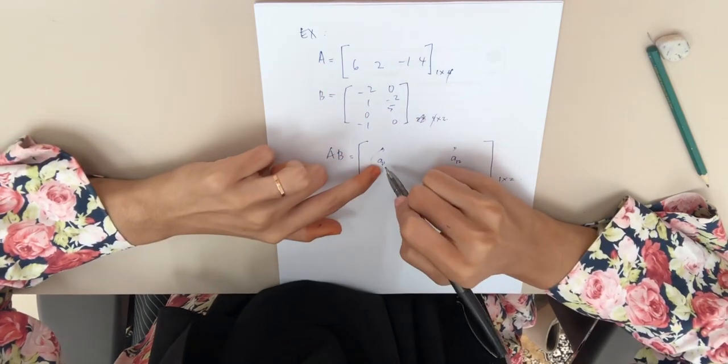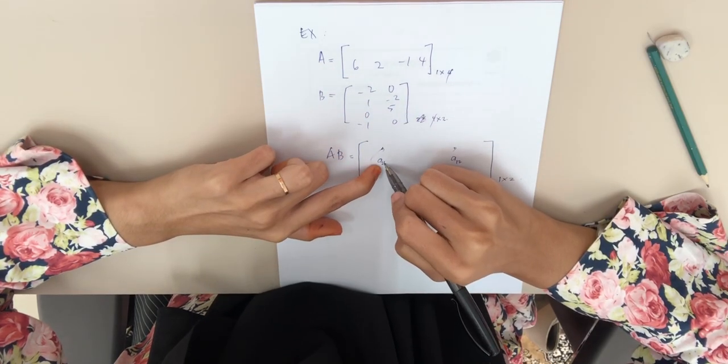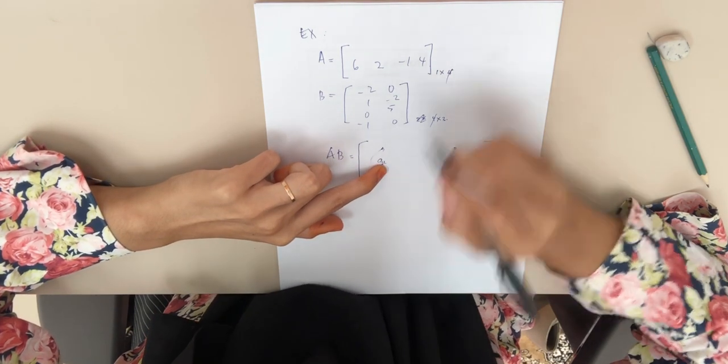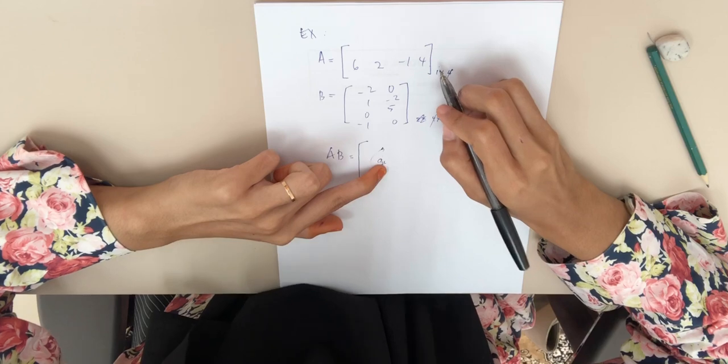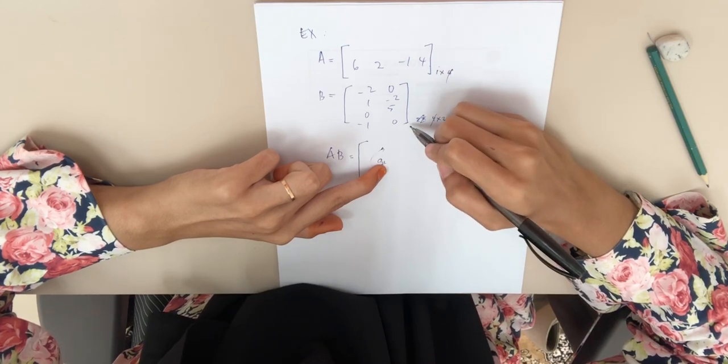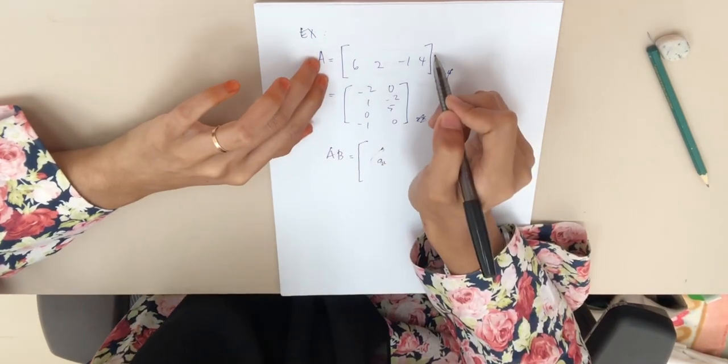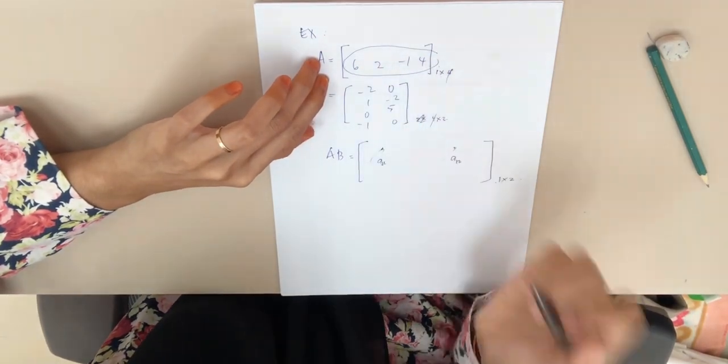We start first. You can see that this is A11, so it's the first row, first column. First row tak ada masalah because there is only 1 row, but for this one you focus on the first column first. So you have 6, 2, -1, 4.